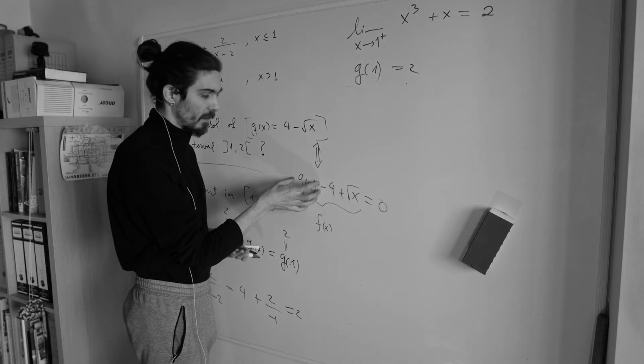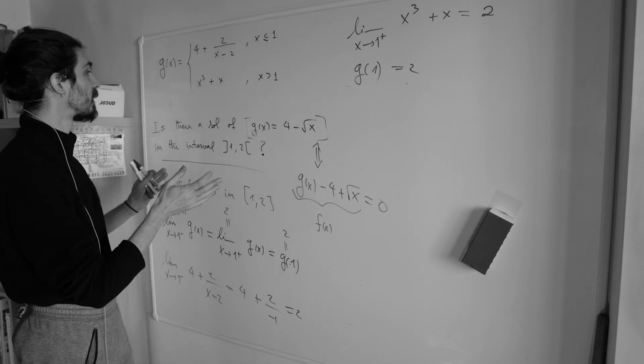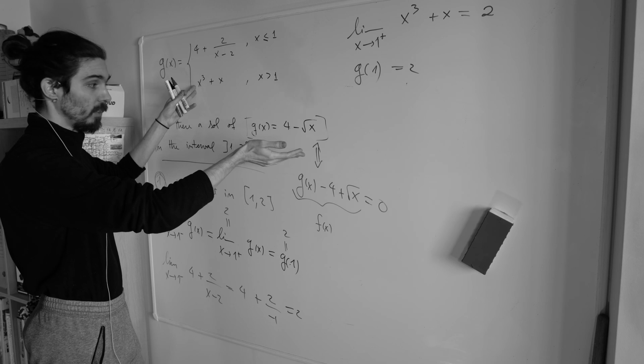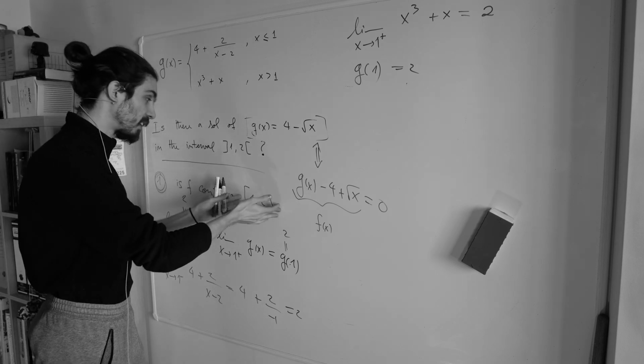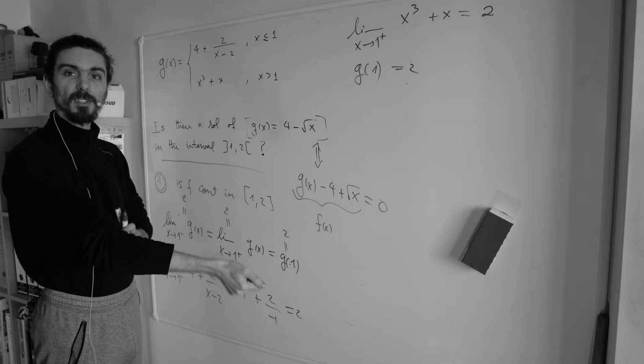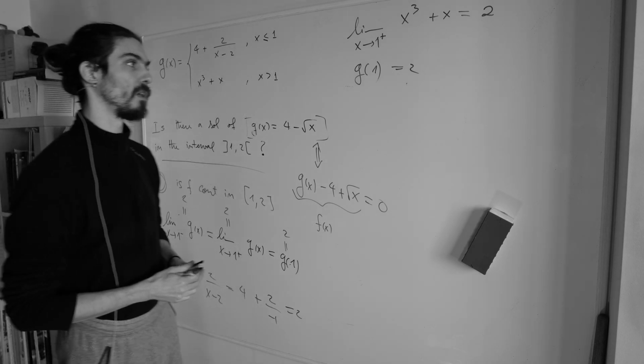Conclusion: g of x is continuous at 1. It's continuous after 1, so it must be continuous in this interval. So the first part of our strategy is done. The function is indeed continuous on the interval of interest.